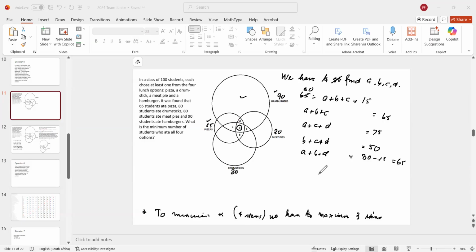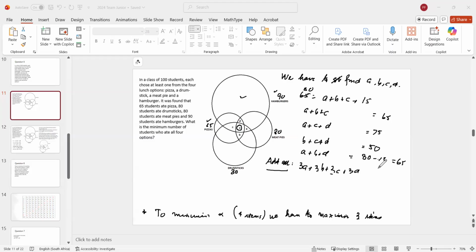Now you are not taught how to solve four equations with four unknowns, but there's a very easy way of doing it if you look carefully. If you add all of these, you get A plus A plus A is 3A, the 3 A's and the 3 B's and the 3 C's and the 3 D's on the left-hand side.